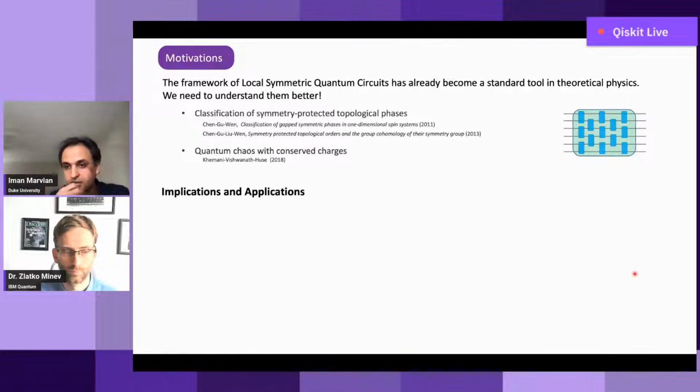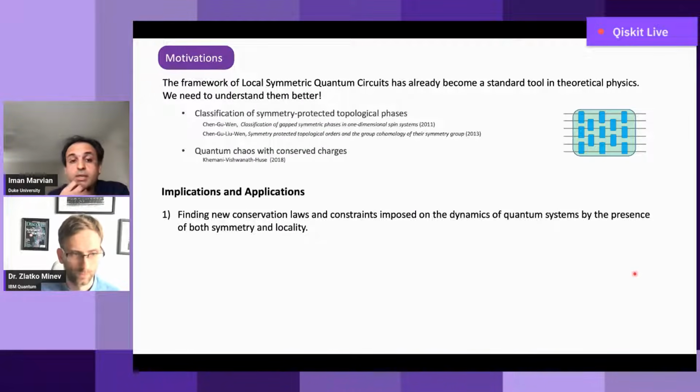And I would say that it's kind of embarrassing for us that we still don't fully understand what's going on in symmetric quantum circuits. What are, for example, the unitaries that we can implement just with circuits that respect the symmetry? But there are also some immediate implications and applications to studying this problem. First of all, by studying dynamics of systems under local interactions that respect the symmetry, we can possibly find new conservation laws that constrain the dynamics of the quantum system in the presence of both symmetry and locality.